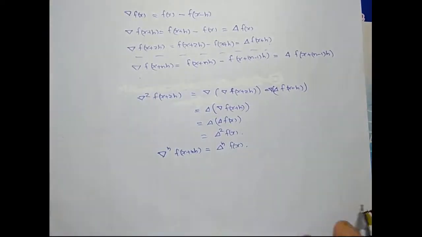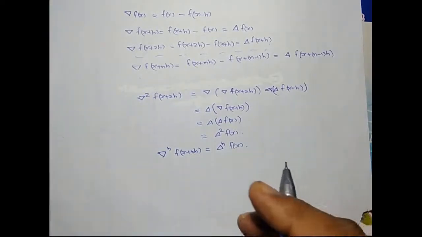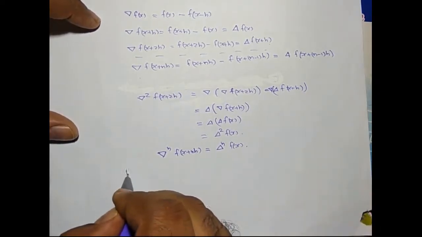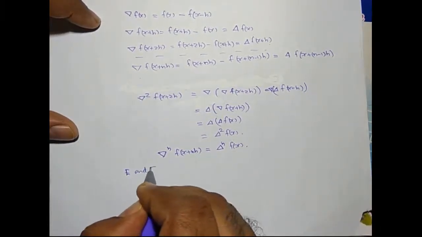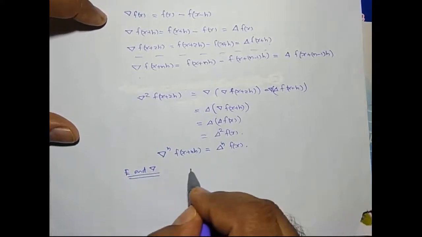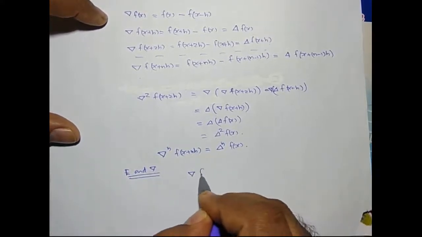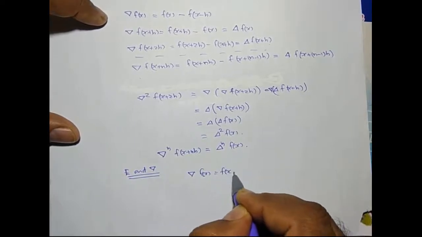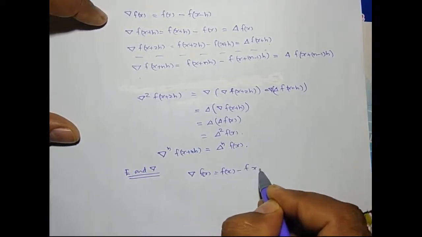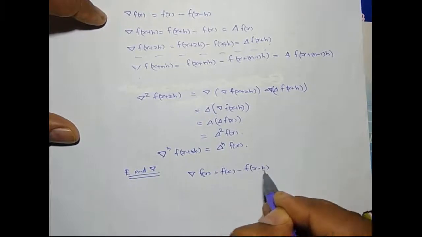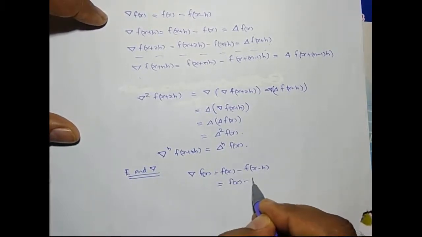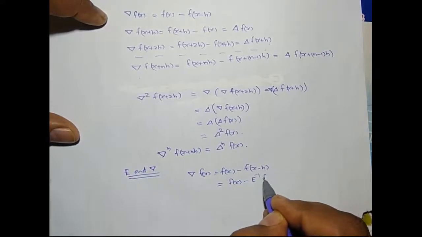Now we shall find a relationship between the backward difference operator and the shift operator, E and nabla. We know that nabla f of x equal to f of x minus f of x minus h. This could be written as f of x minus E raised to minus 1 f of x.